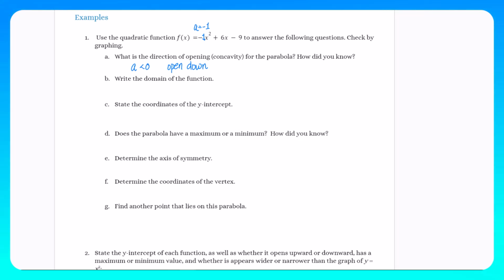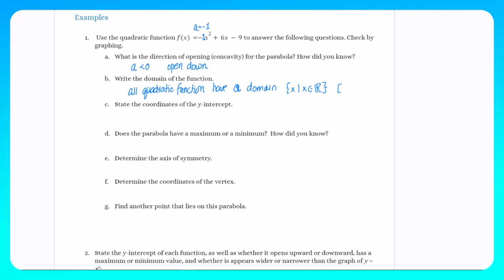Well, what about the domain of the function? Well, all quadratic functions have a domain. In interval notation, x is an element of the real numbers.